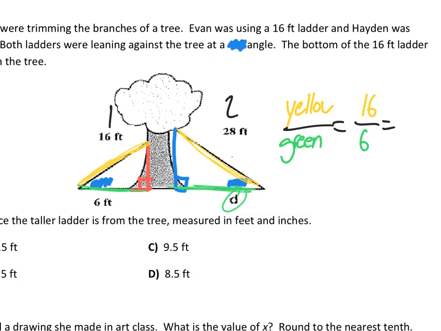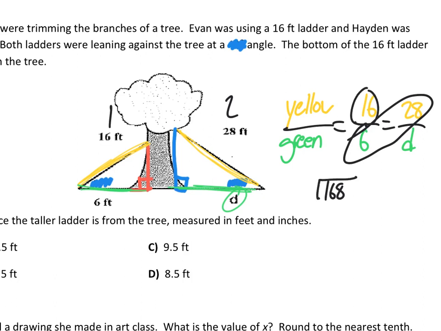On the right side, my yellow is going to be 28, and my green is going to be D. So again, I'm going to cross multiply, and I'm going to divide by the lonely guy. So I'm going to do 6 times 28, and I get 168. And I have to divide that by my lonely guy, by 16. And whenever I divide those, I get a nice even 10.5.